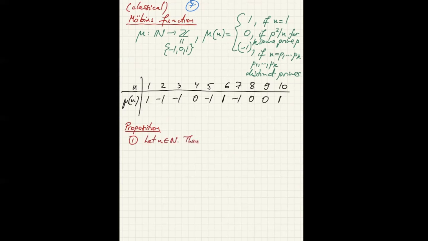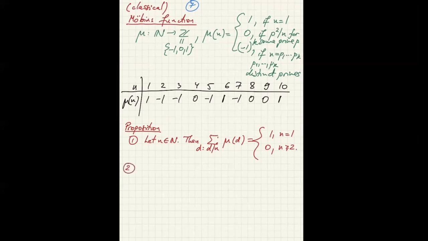Then if I sum up mu of d over all divisors of n, then I will get the following. I either get 1 when n is 1, or I get 0 when n is greater or equal to 2. Okay, so that's one fact.